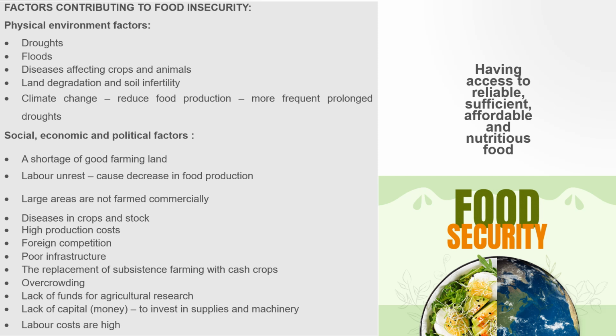Large areas are not farmed commercially, diseases in crops and stock, high production costs, foreign competition, poor infrastructure, the replacement of subsistence farming with cash crops, overcrowding, a lack of funds for agricultural research, a lack of capital to invest in supplies and machinery, and also the labor costs may be high.